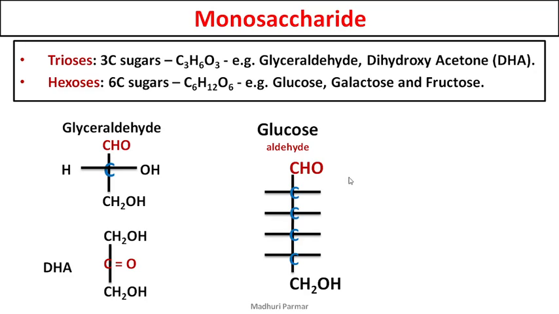Now you just have to put OH and H on every side. You cannot haphazardly put it anywhere. You have to follow a specific sequence. For glucose, I will tell you how I remember. I say it like this: OH H, OH, OH.